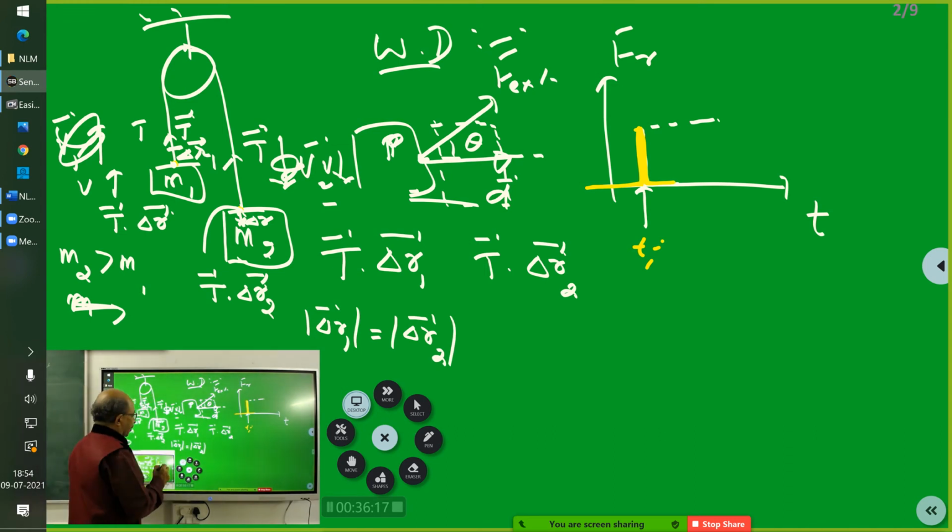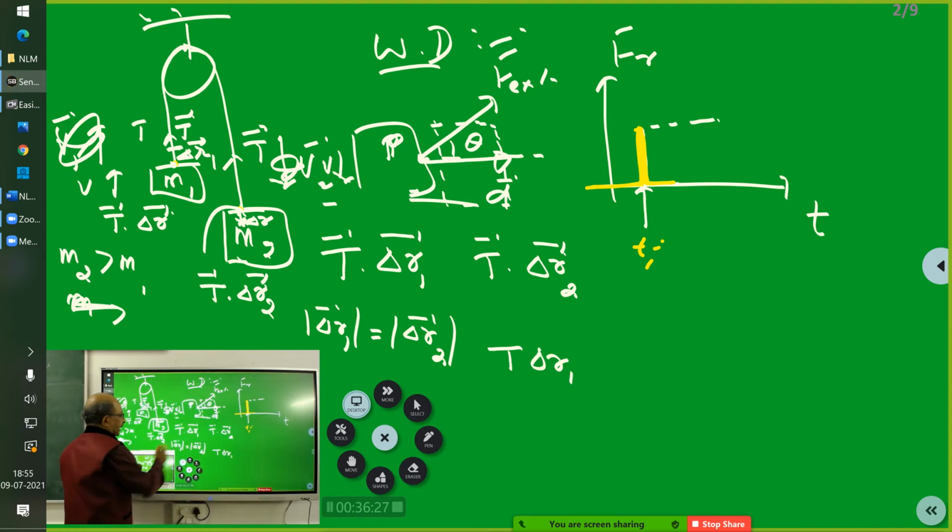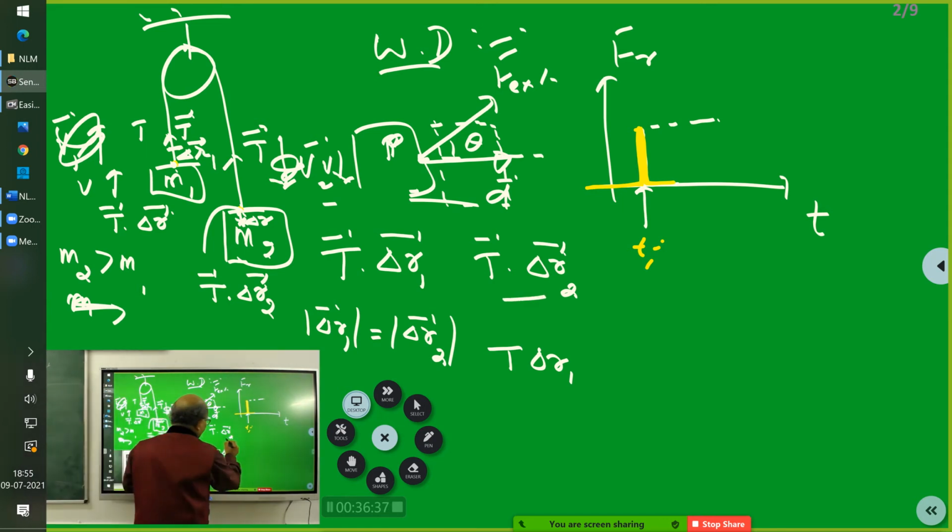Very good. But now you expand this. If you expand this, you will get T delta R1, because theta is 0. Theta between T bar and R bar is 0. Cos theta, the dot product. But what about this?